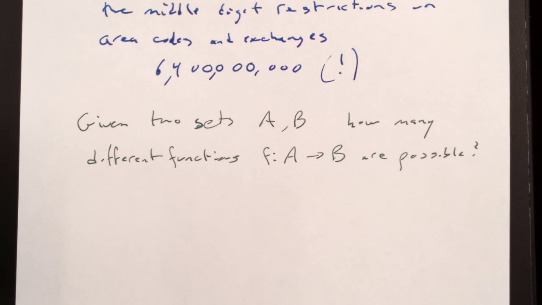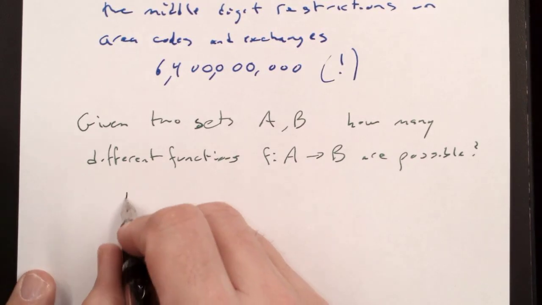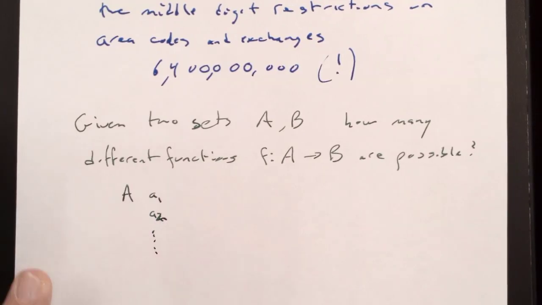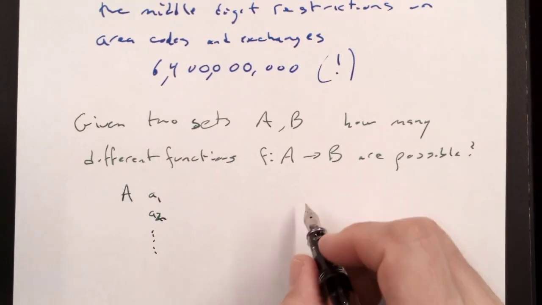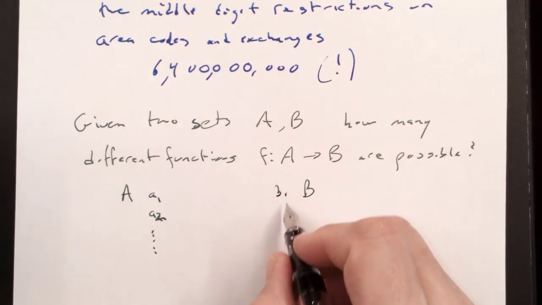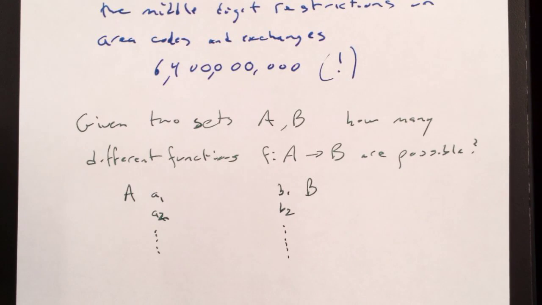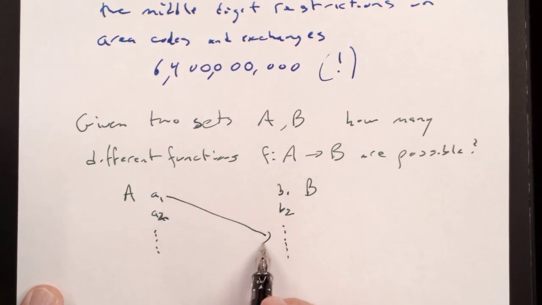Just one, right? So, I could take a look at everything in A. And then over here, I've got all the stuff in B. And I can say, I'm going to assign some element, B_i, to the first thing.